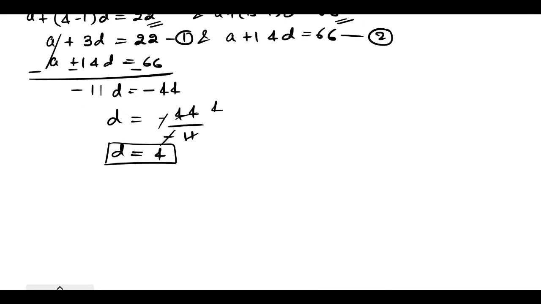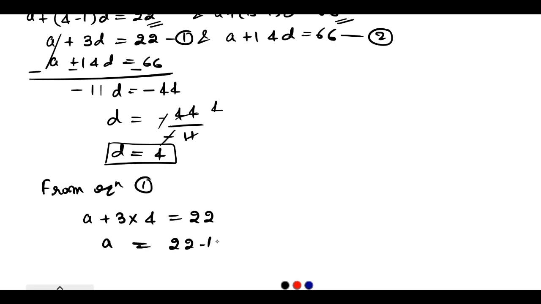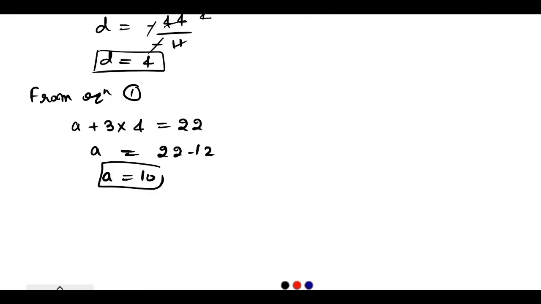You will get the value of A. From equation 1, A plus 3D, D is equal to 4, is equal to 22. Then A is equal to 10. First term is equal to 10 and common difference is equal to 4.